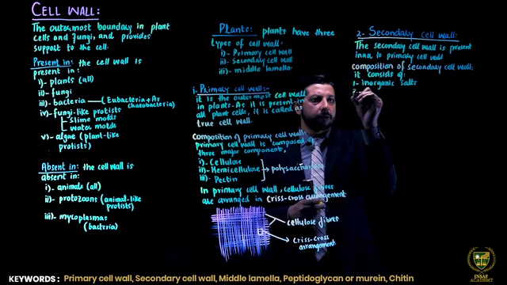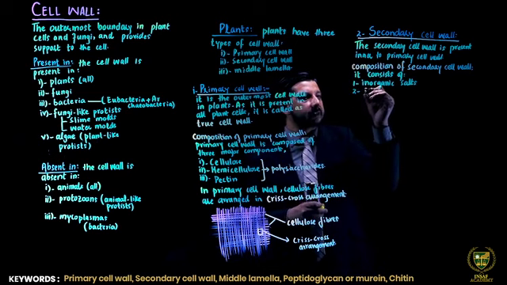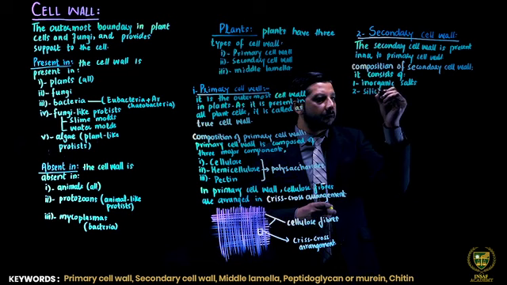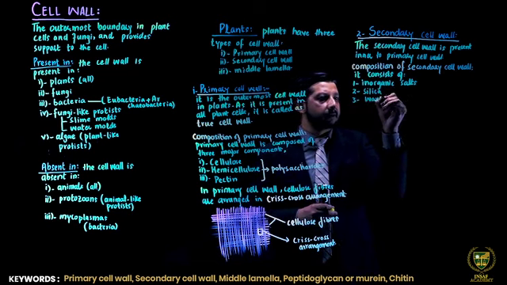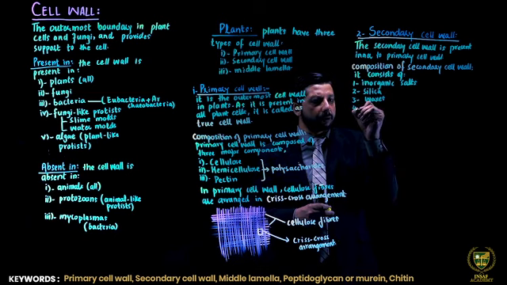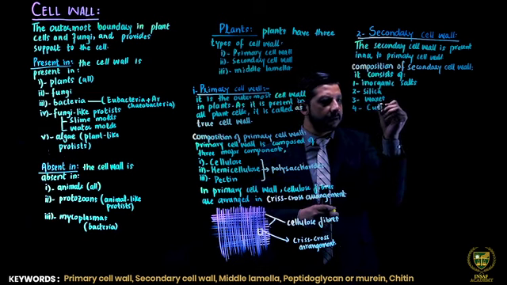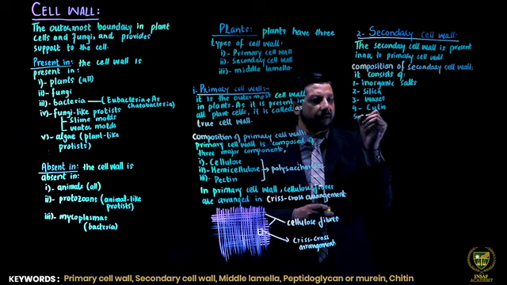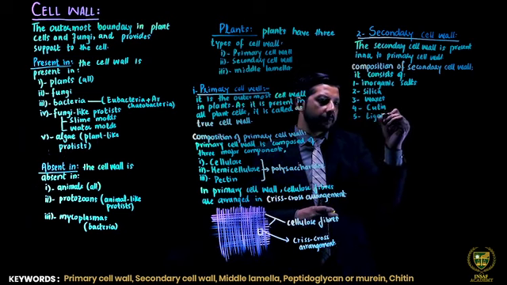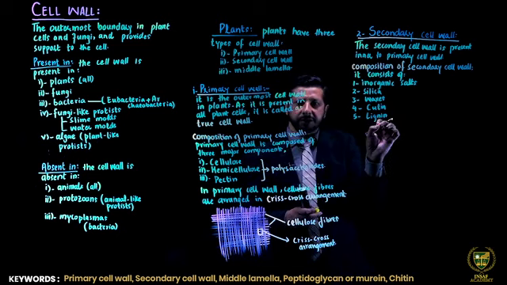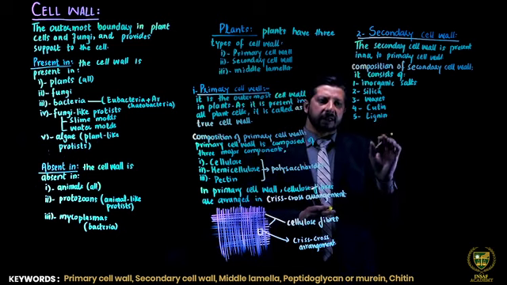Number 2 are the silica. Number 3, waxes. Number 4, cutin. And number 5 is the lignin. The most hardest material among the plants, that is the lignin.